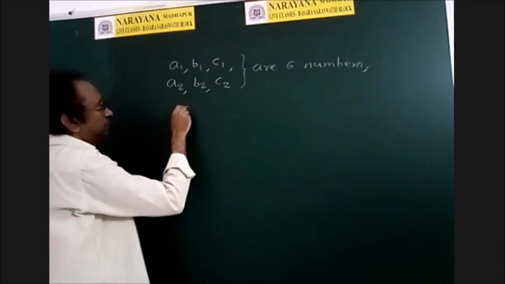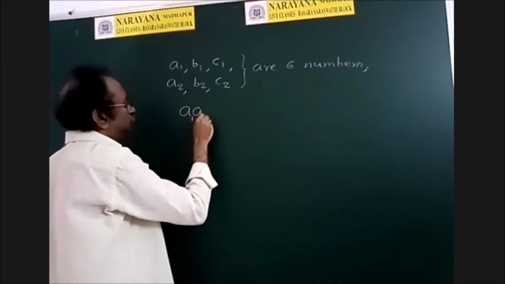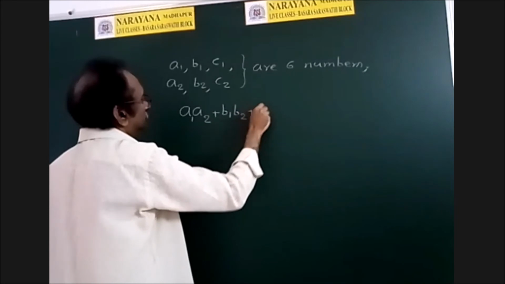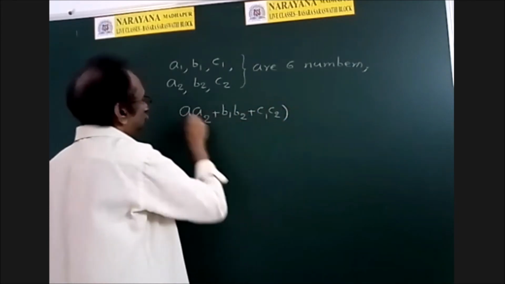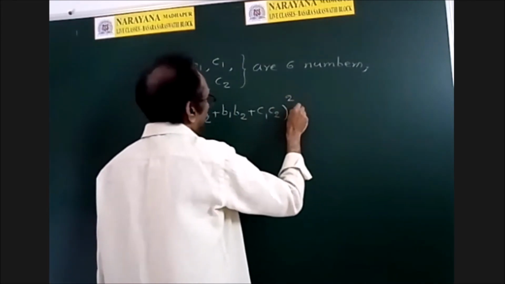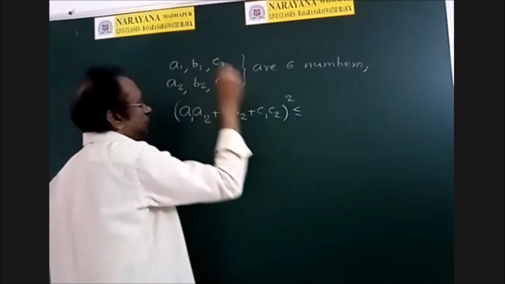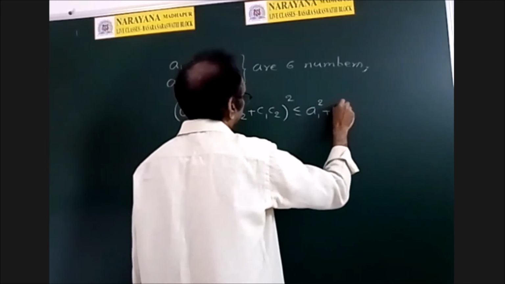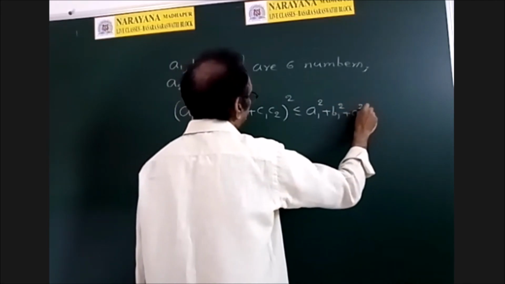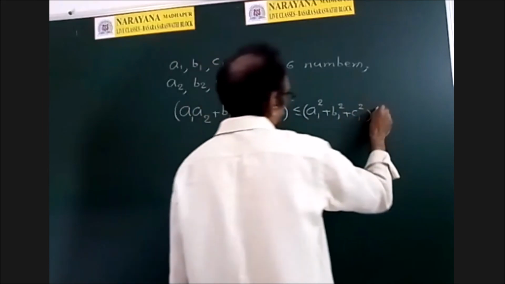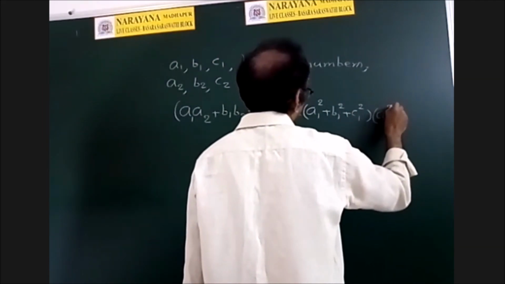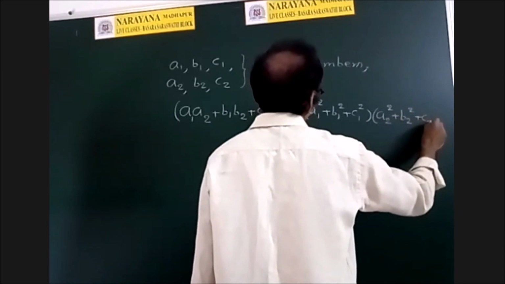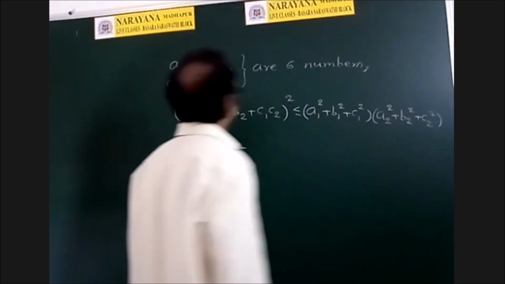Then the result is (A1 A2 plus B1 B2 plus C1 C2) whole square is less than or equal to (A1 square plus B1 square plus C1 square) into (A2 square plus B2 square plus C2 square).